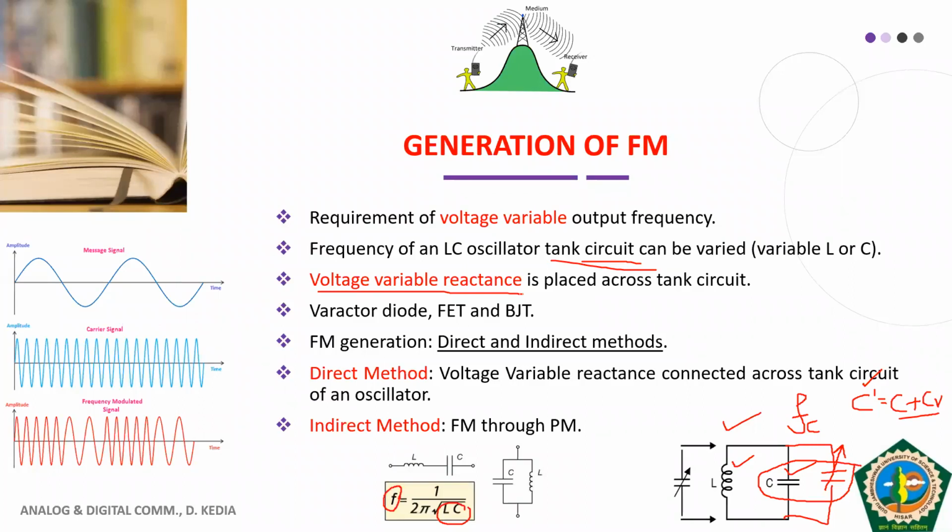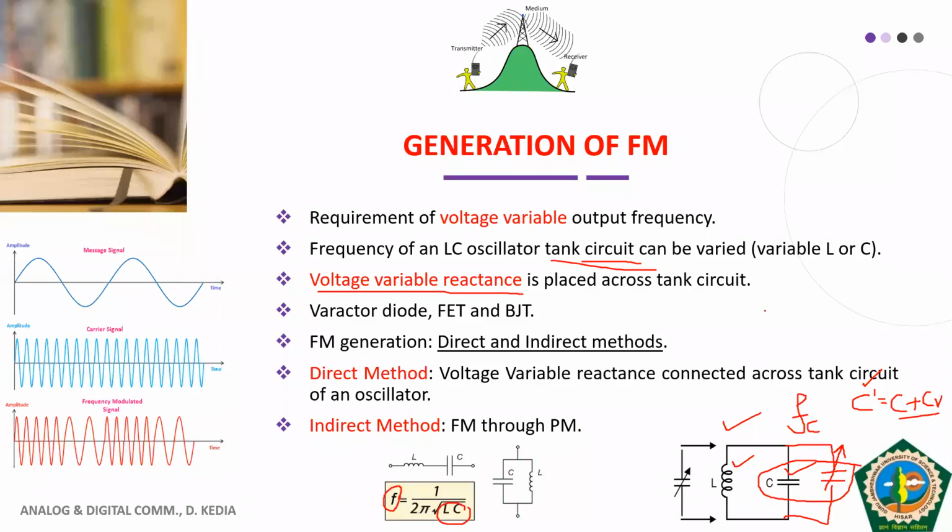And one very simple circuit or component is there that gives us voltage variable capacitance. All of us have studied the varactor diode. Varactor diode means variable capacitor diode, a diode which has variable capacitance. And you know that by changing the reverse bias across the diode, you can vary the capacitance of your varactor diode.